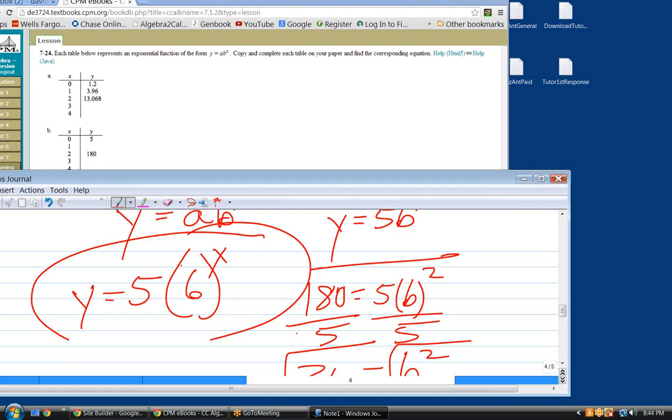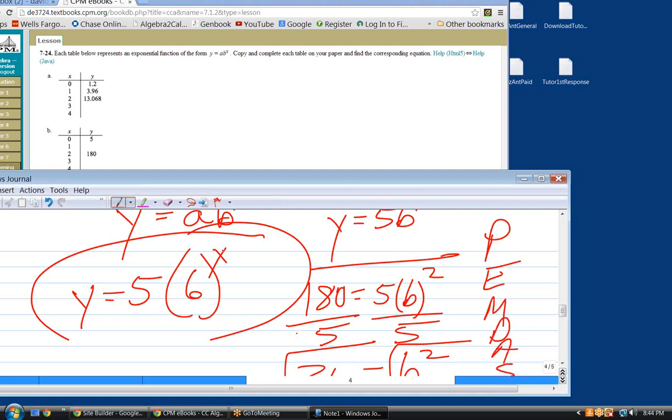No. You got to do it a step at a time, because the 6 is being exponentiated, but the 5 is not. So you can't multiply 5 times 6 before as your first action. Remember PEMDAS. You have to do exponentials first.